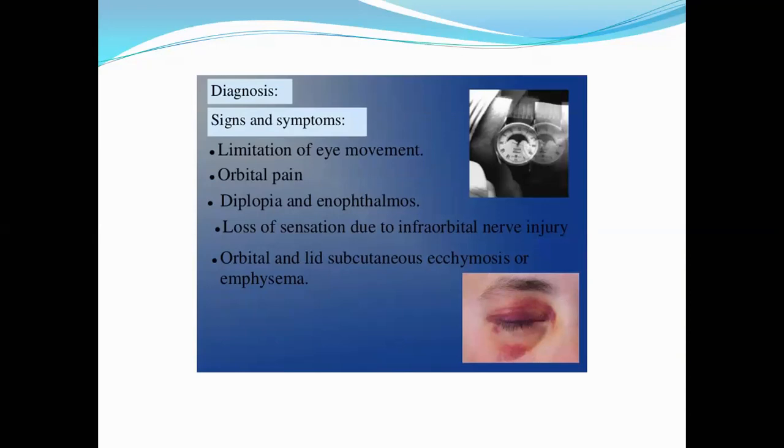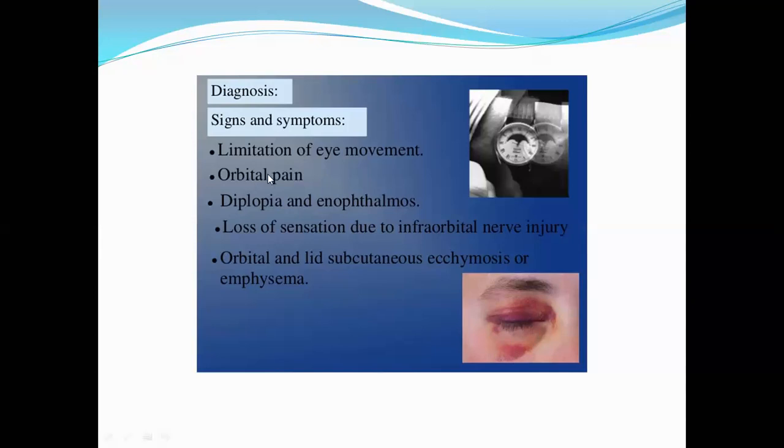That is limitation of the eye movements, severe orbital pain, diplopia, enophthalmos, loss of sensation due to infraorbital nerve injury, orbital and lid subcutaneous ecchymosis, or emphysema. Here you can see ecchymosis and emphysema. Emphysema cannot be seen here; it can be felt on palpation.